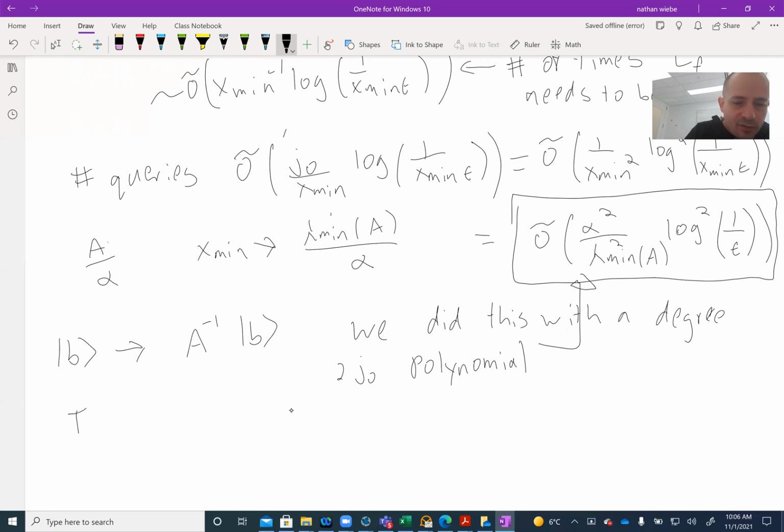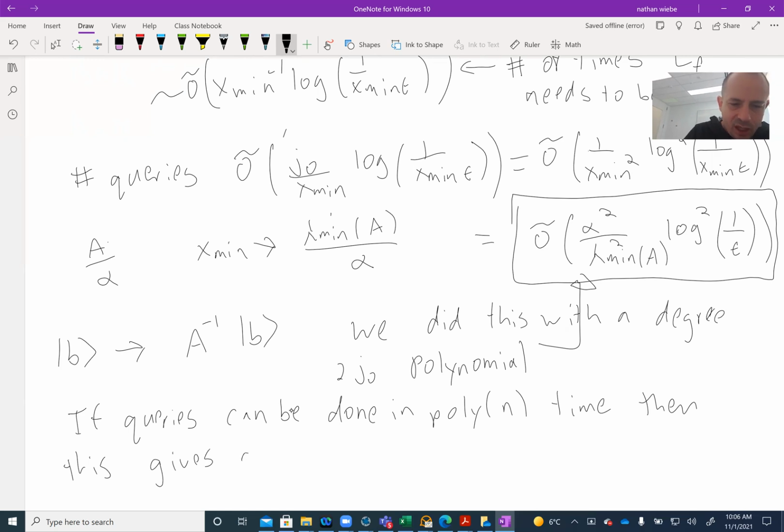So if the queries can be done in poly n time, then this gives an exponential speed up relative to classical.